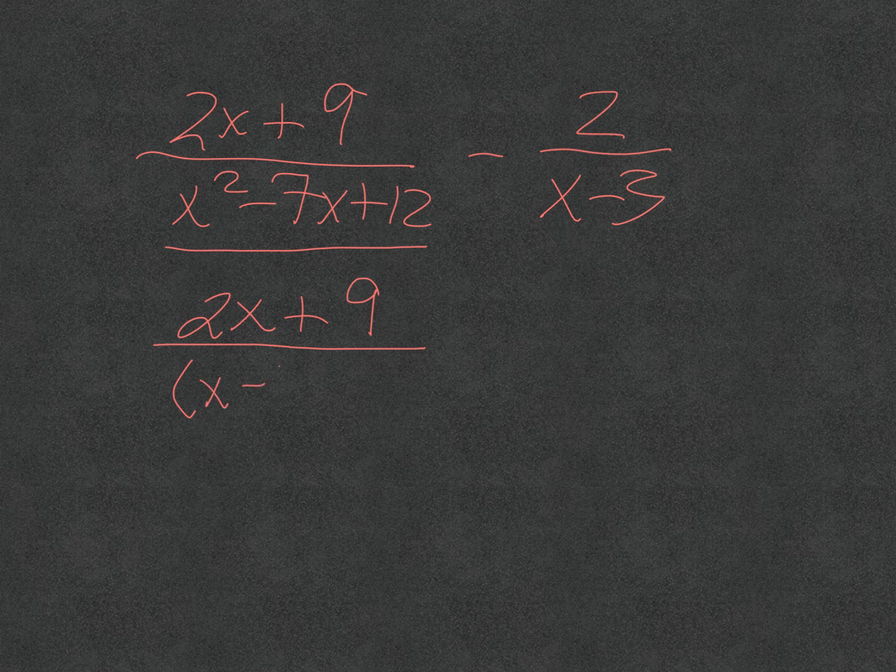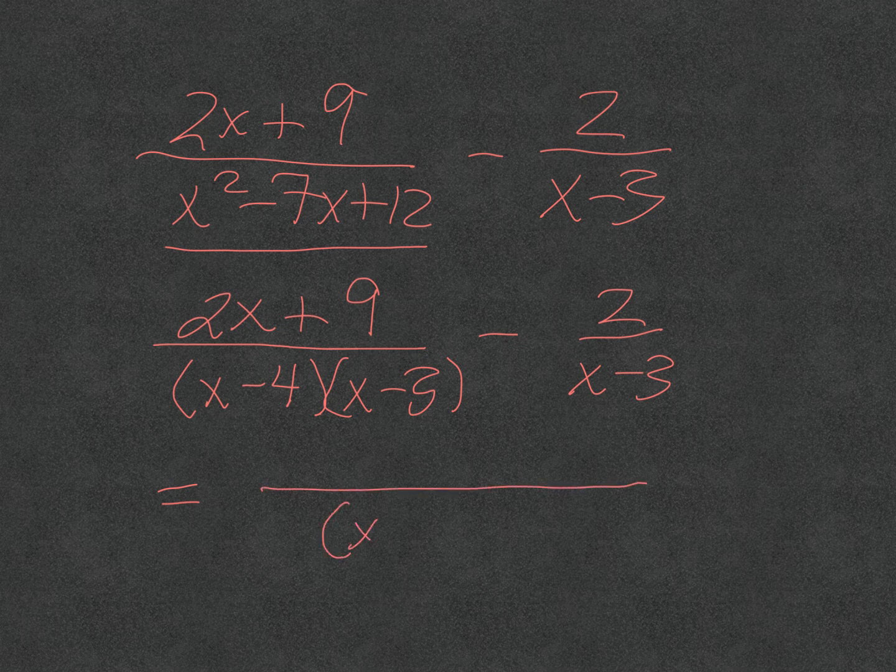This factors into x minus 4, x minus 3, minus 2 over x minus 3. And so now we can see they both have an x minus 3, and there's an x minus 4 to the first, so we need to have that in the common denominator.